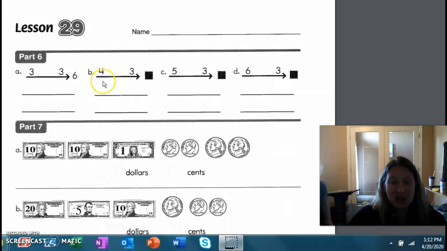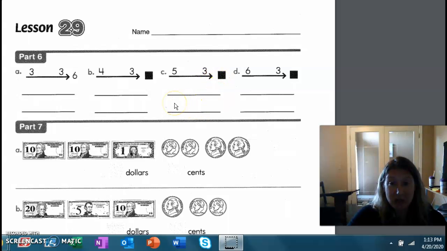What is the addition fact that goes forward on the arrow? 4 plus 3 equals 7. And the subtraction fact that goes back on the arrow? 7 minus 3 equals 4. Touch problem C. What is the addition fact that goes forward on the arrow? 5 plus 3 equals 8.